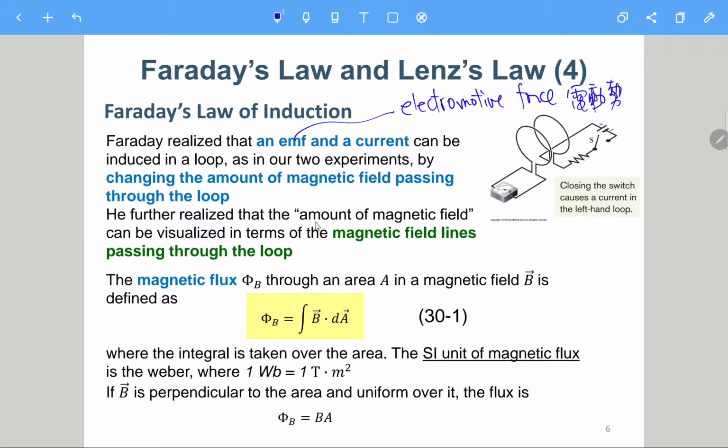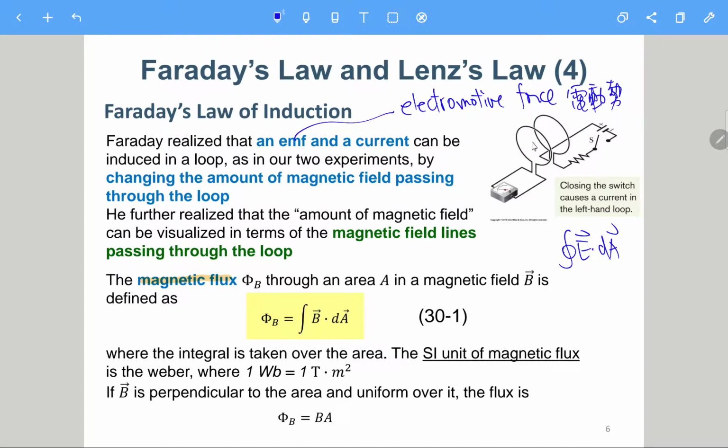He further realized that the amount of magnetic field can be visualized in terms of magnetic field lines passing through the loop. So here we define magnetic flux phi B to be this surface integral. In chapter 23, you already know this is the net flux of the electric field. Here we don't have this circle because we don't consider a closed surface. So we only consider maybe for this case this area.